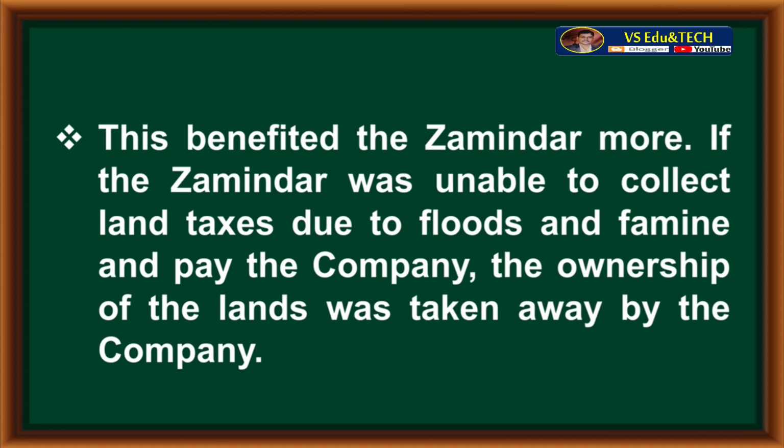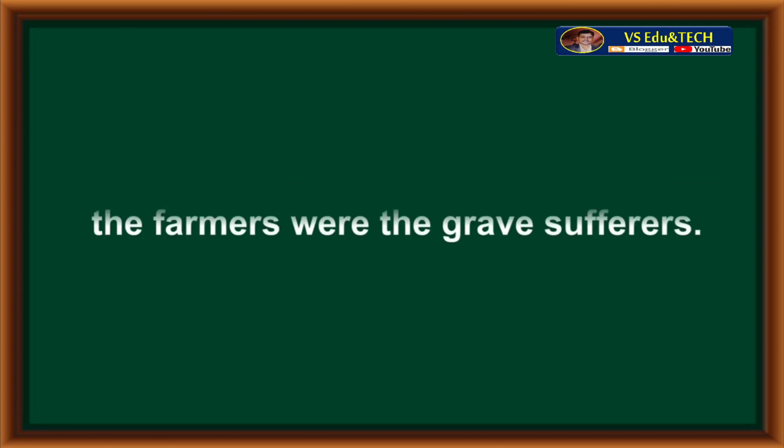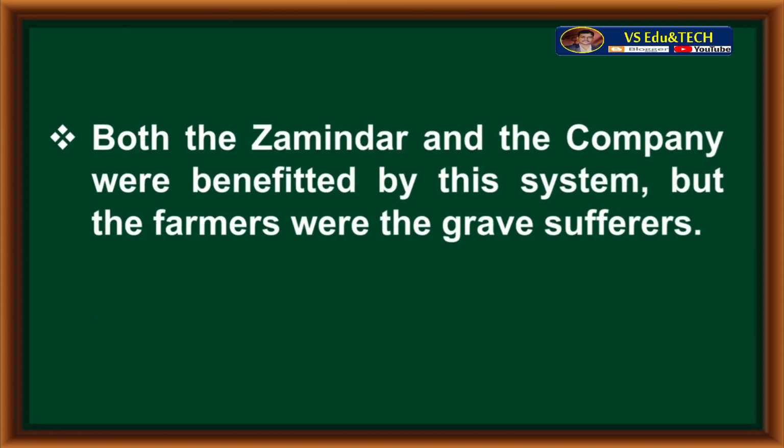If the zamindar was unable to collect land taxes due to floods and famine and pay the company, the ownership of the lands was taken away by the company. Both the zamindar and the company were benefited by this system, but the farmers were the grave sufferers.